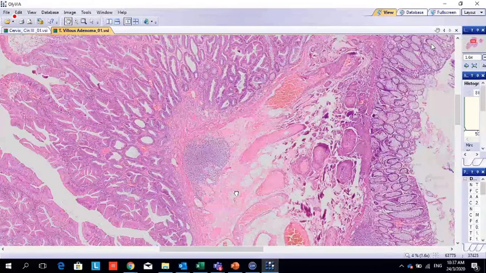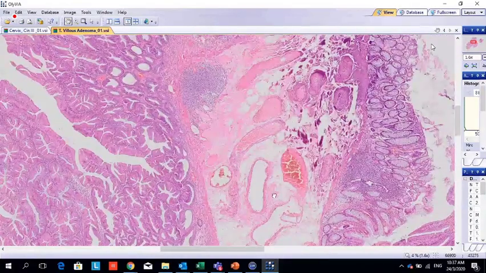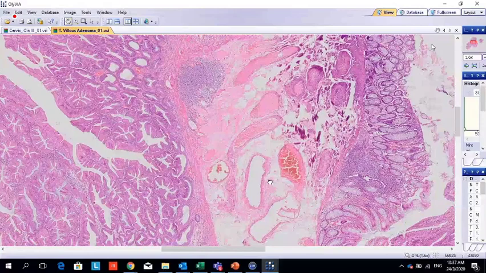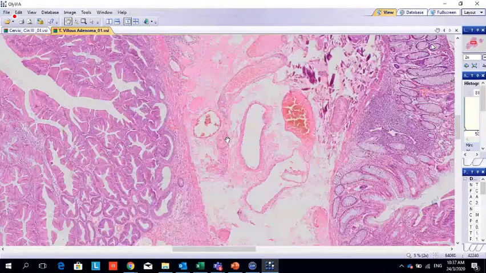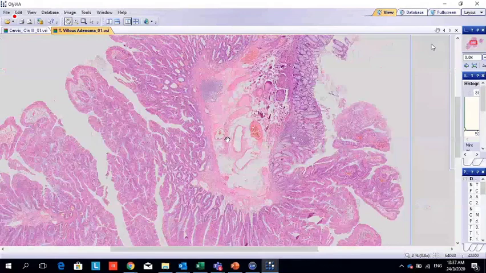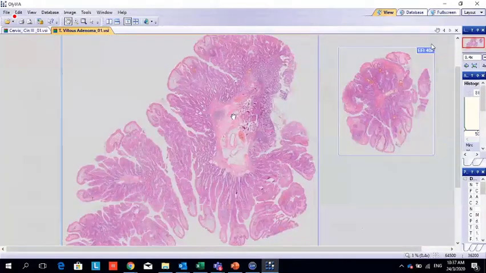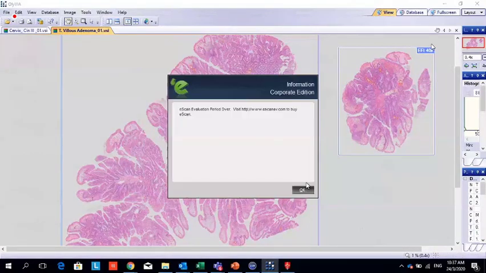In this case, we cannot say adenoma; we can say adenocarcinoma, once they are invading the stalk, because this stalk is connecting to the lamina propria of mucosa.